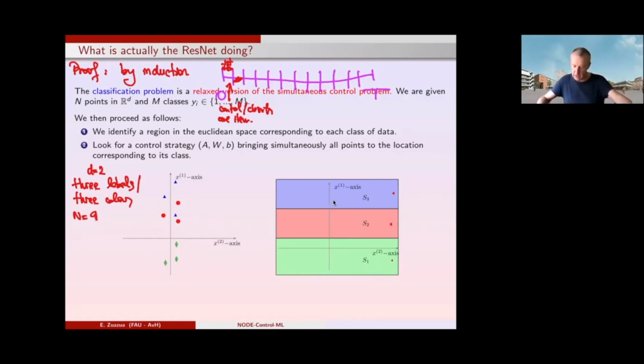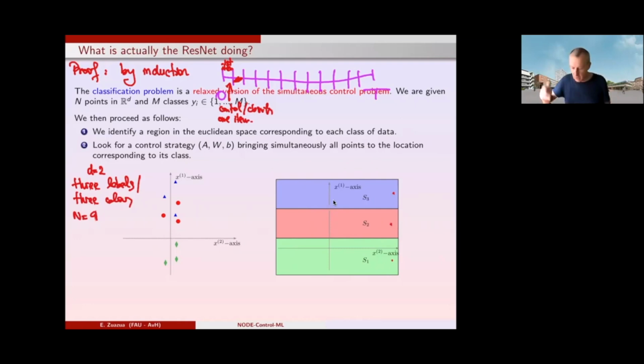According to this classification, in this case I have chosen to classify points by labels so that the blue should go to this upper band, the green should go to this south band, and the red should be in this intermediate band.